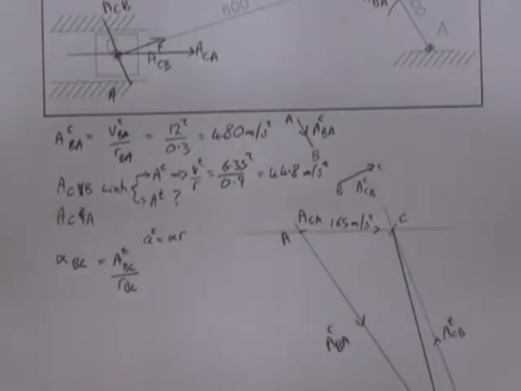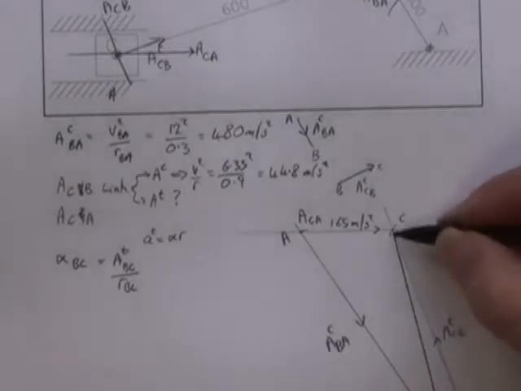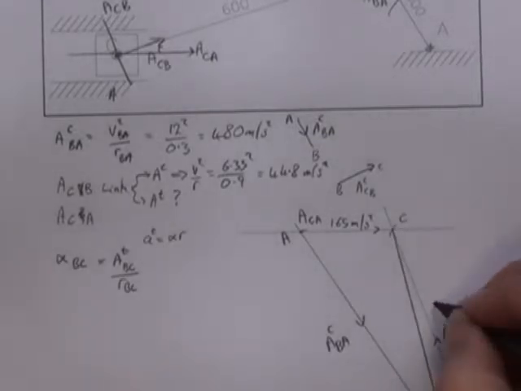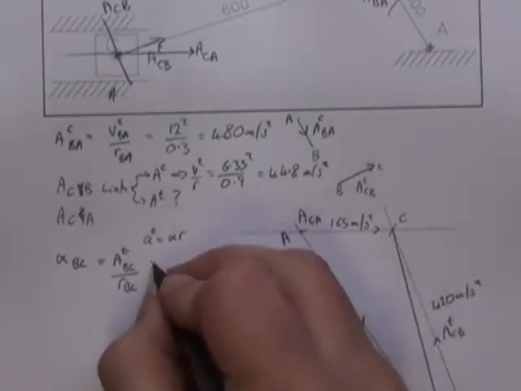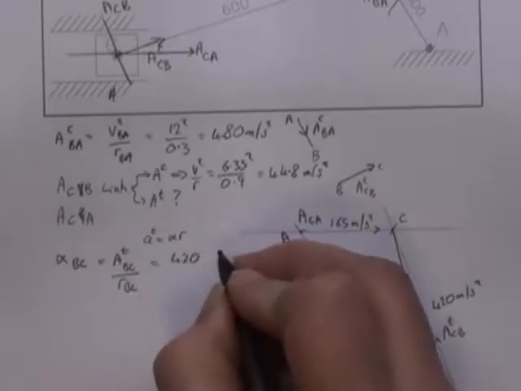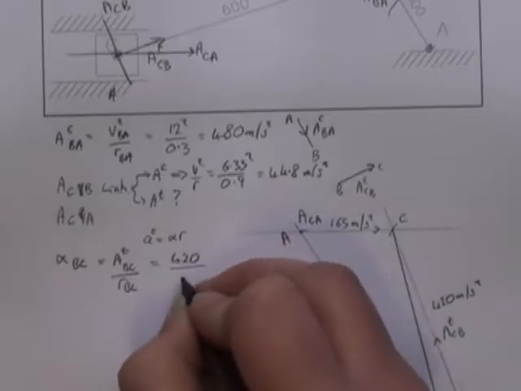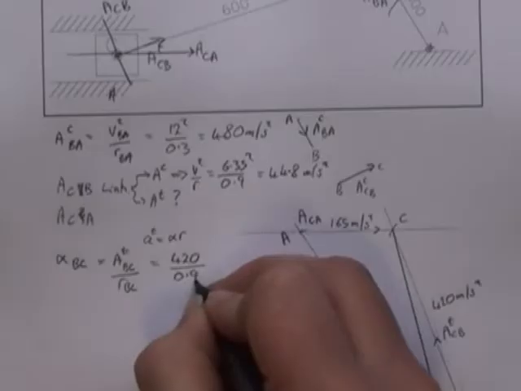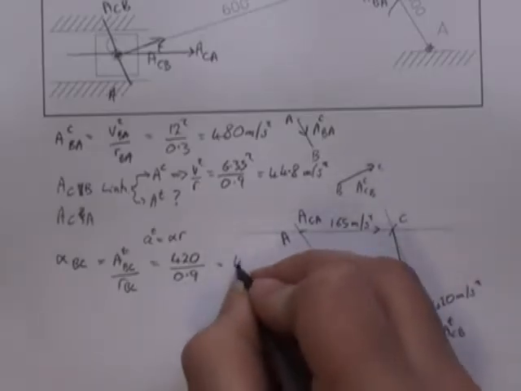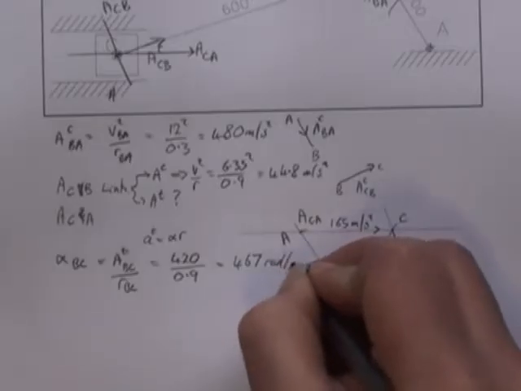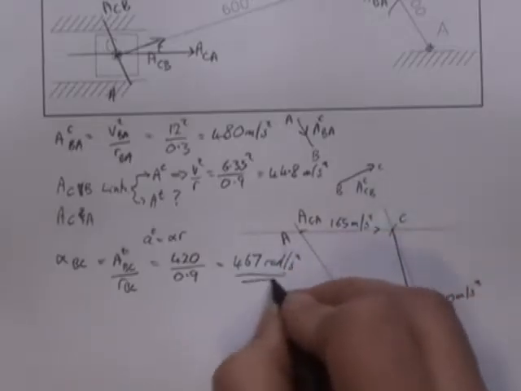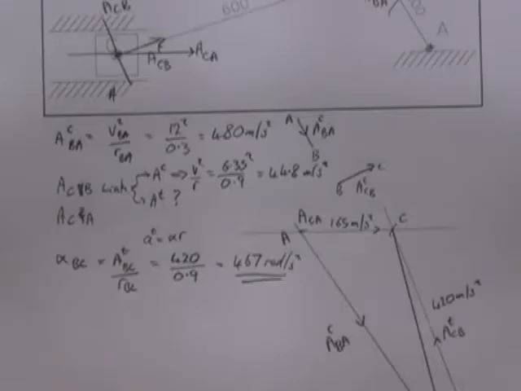AT of BC, that's this line here. If you scale that off, that will come to 420 meters per second squared. So this is equal to 420 over 0.9, which gives me 467 radians per second squared as my rotational acceleration.